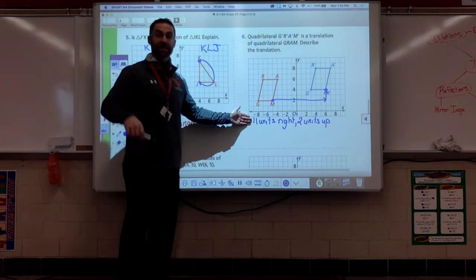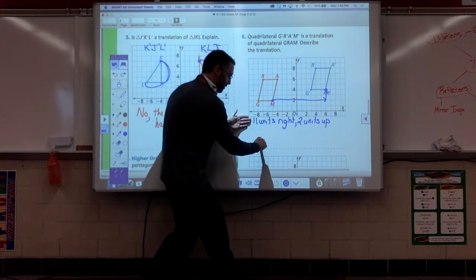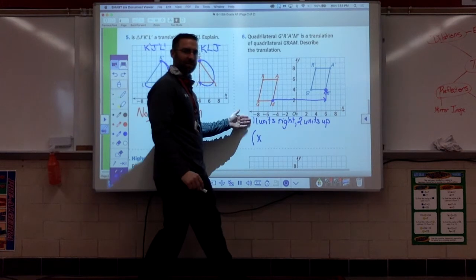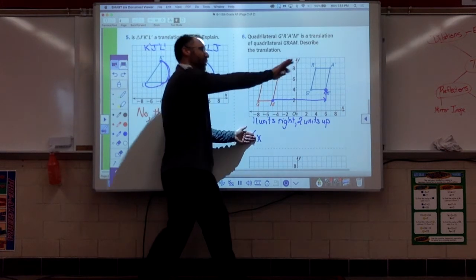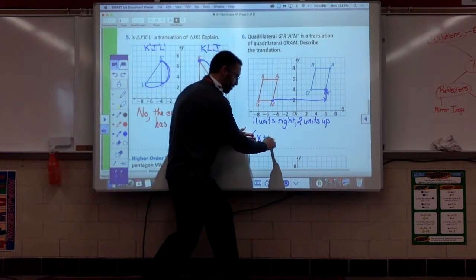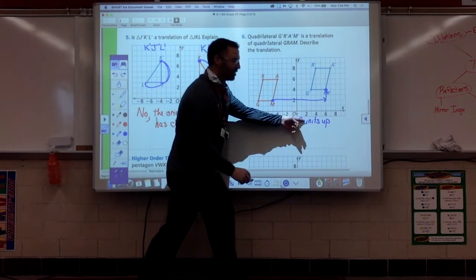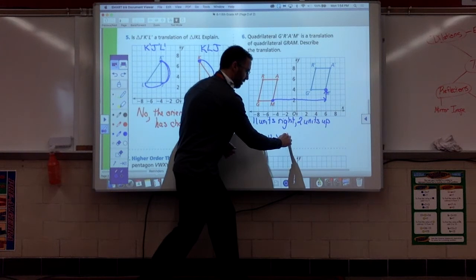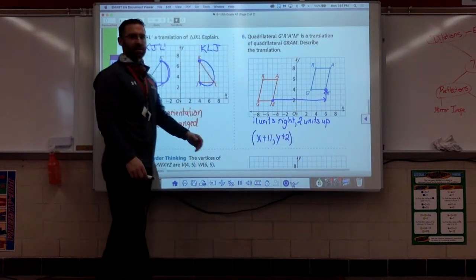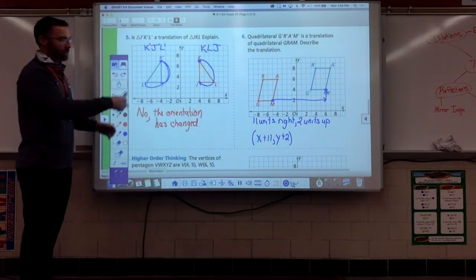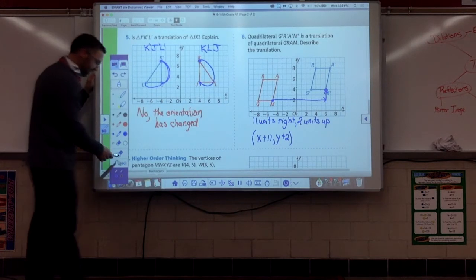There's our translation in words. To move something to the right 11, we're taking our x value. Moving to the right is in a positive direction, so we'd have x plus 11. And then y, 2 units up. Well, up is in a positive direction as well. So we'd have x plus 11, y plus 2.